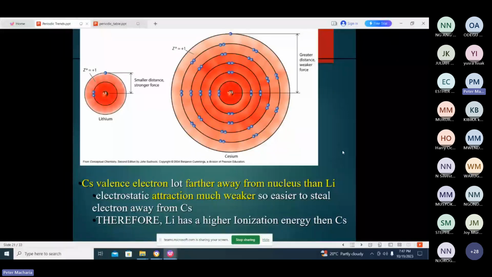Cesium is smaller than francium, but cesium and lithium are in group 1. You can see that the outermost electron in cesium is very far from the nucleus, and therefore the effective nuclear attraction to that electron is very small, and therefore the amount of energy required to remove that electron is minimum compared to that of lithium. And therefore you find that the first ionization energy in cesium will be much lower than the first ionization energy in lithium.